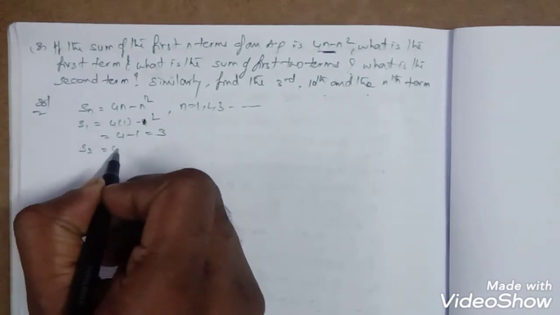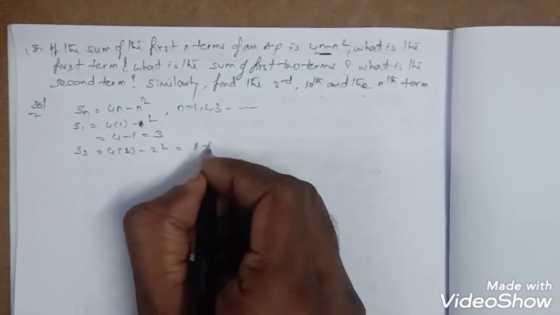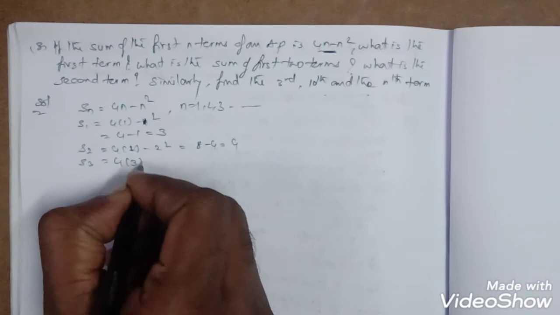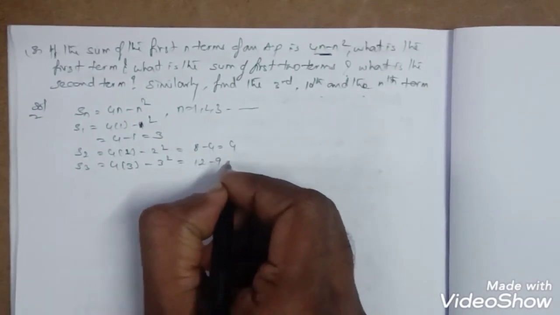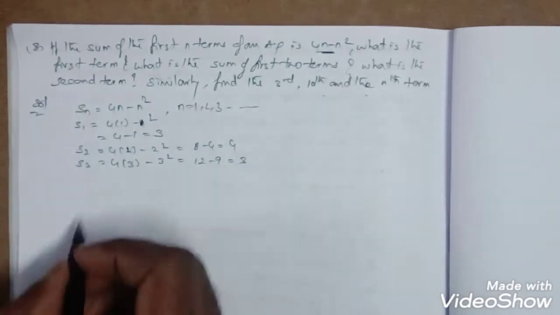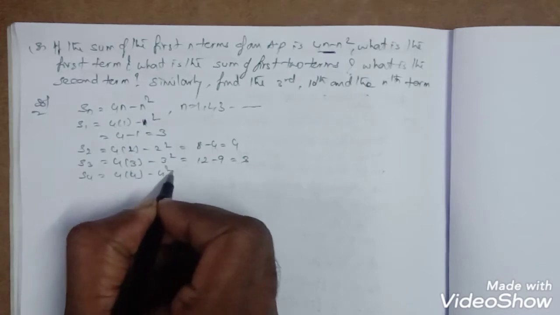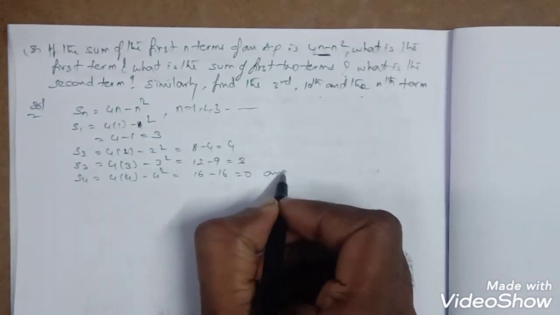Next S2 is equal to 4 into 2 minus 2 square, so you will get 8 minus 4 is 4. Next S3 is equal to 4 into 3 minus 3 square, so you will get 12 minus 9 is 3. Next S4 is equal to 4 into 4 minus 4 square, so you will get 16 minus 16 is 0, and so on.